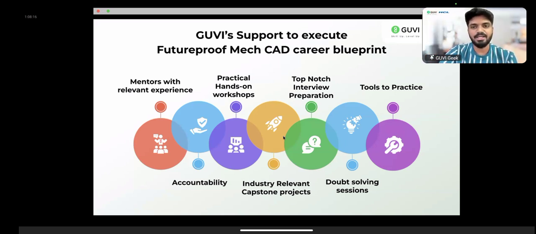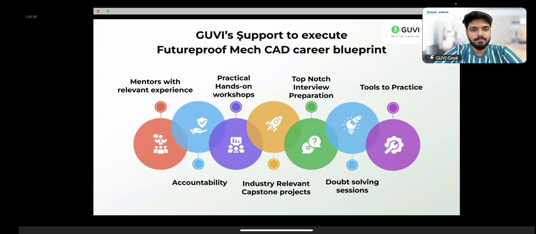You will have soft skill training, mock interviews, and portfolio building like GitHub portfolio, LinkedIn portfolio, and resume building. Once everything is done, we will automatically schedule on-campus interviews from our side. Each and every interview will be scheduled by us, and you should be able to attend those interviews.